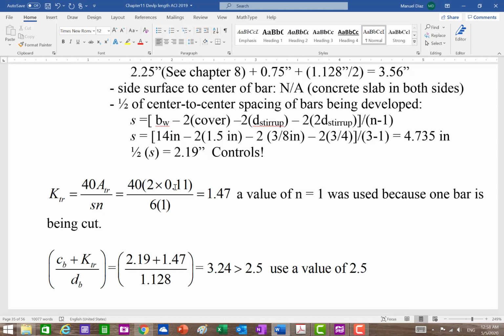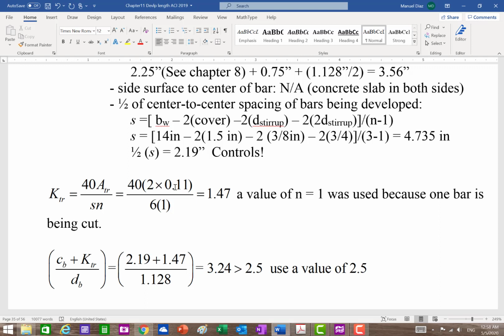And this is where things are not that clear. Some designers go for that, some designers don't. But that's all you're cutting. I mean, you're only cutting 1 leg.